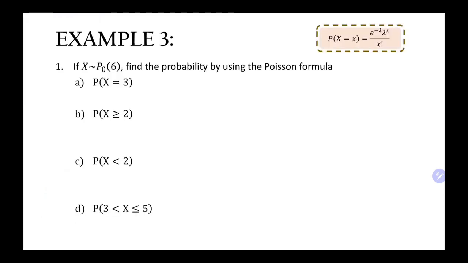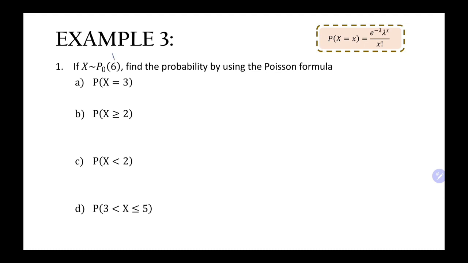We look at example 3 number 1. If X ~ Po(λ) with lambda equals to 6, find the probability by using the Poisson formula. First question, we want to find P(X = 3). Formula for Poisson we just use for equal signs only. And this one we have x equals to 3. So we just directly use the formula. We substitute lambda with 6 and x equals to 3.